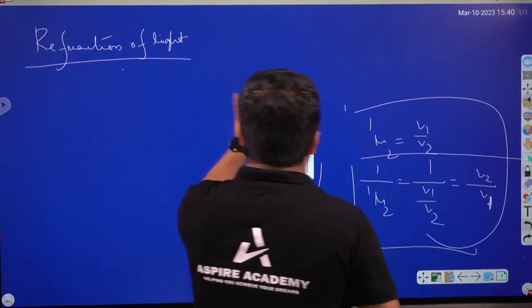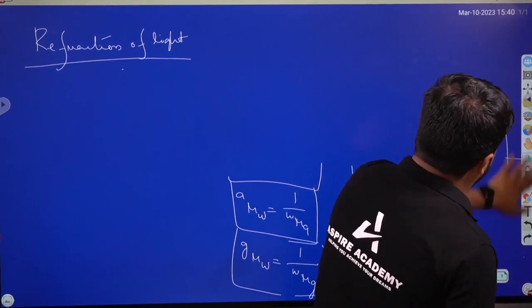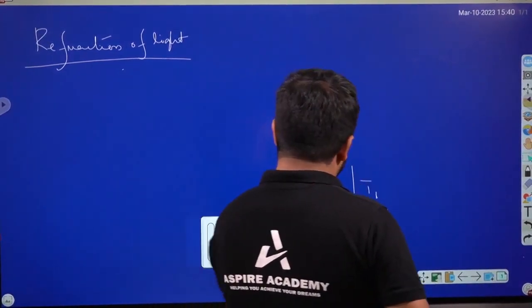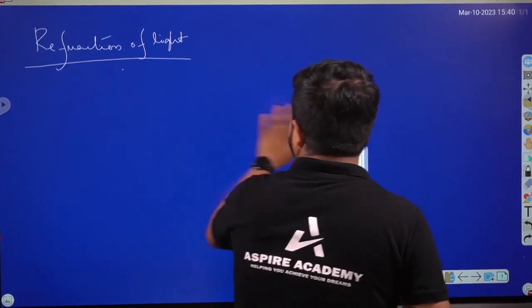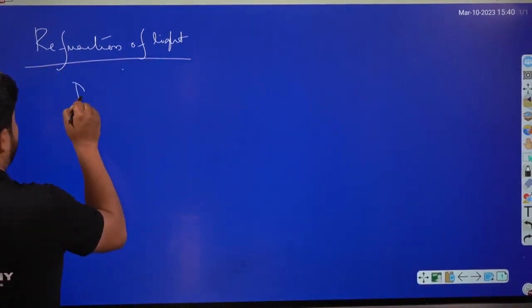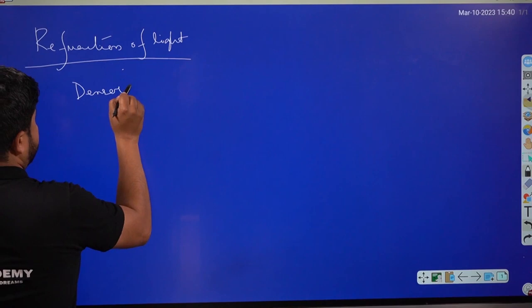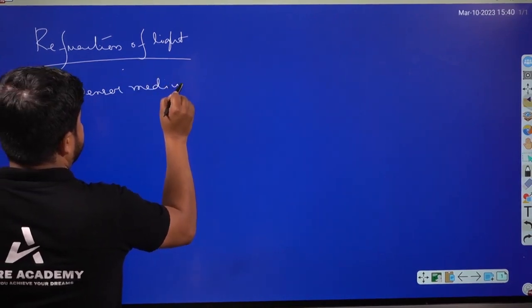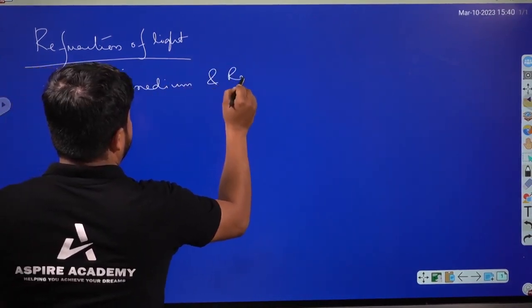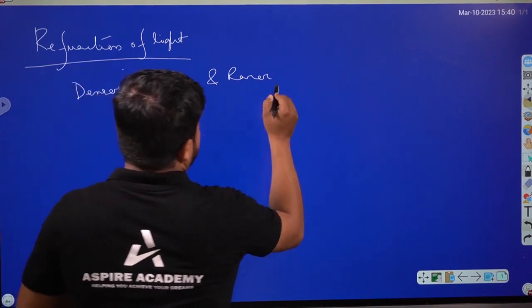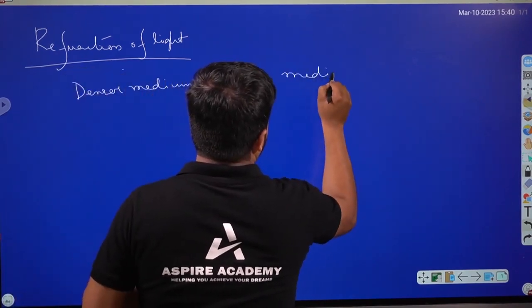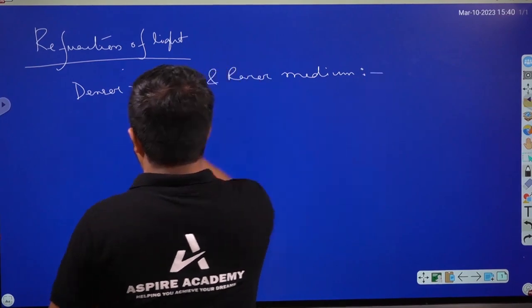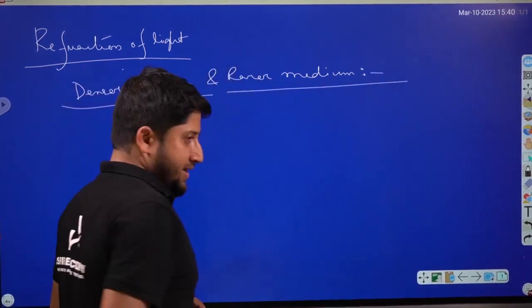Now another good concept is called denser medium and rarer medium. What is a denser medium and what is a rarer medium?